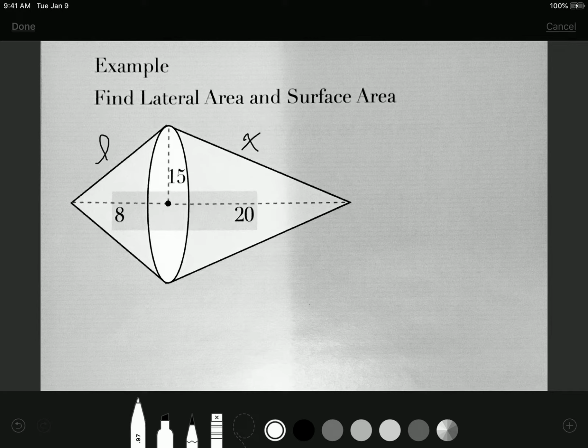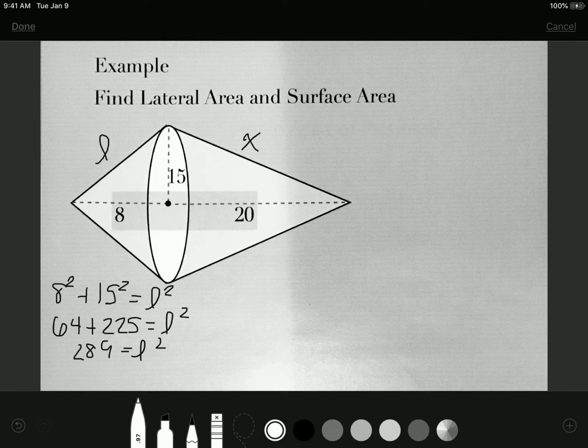So our first one, we're going to have 8 squared plus 15 squared equals L squared. We can go through our formula the way that we've done many times before, and take 8 squared, which is 64, 15 squared, which is 225, and that's going to equal L squared. So we have 289 equals L squared.